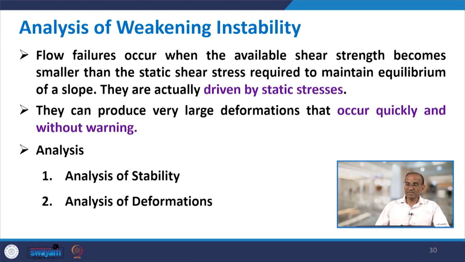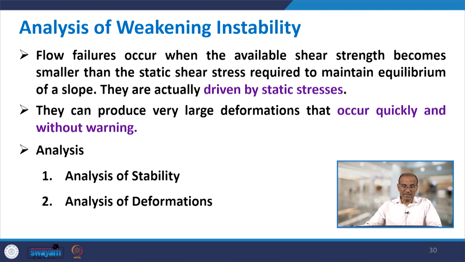Flow failures occur when the available shear strength becomes smaller than the static shear stress required to maintain equilibrium. This is driven by static shear stresses as we discussed earlier, and this is what we call flow liquefaction. When flow liquefaction occurs, it can produce large deformations that occur quickly and without warning.